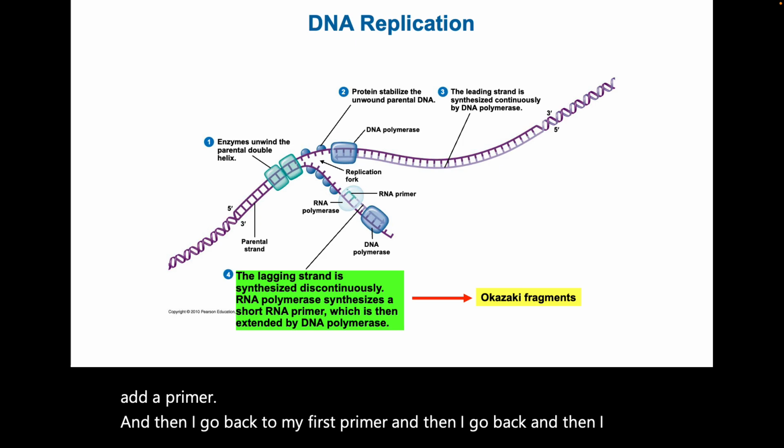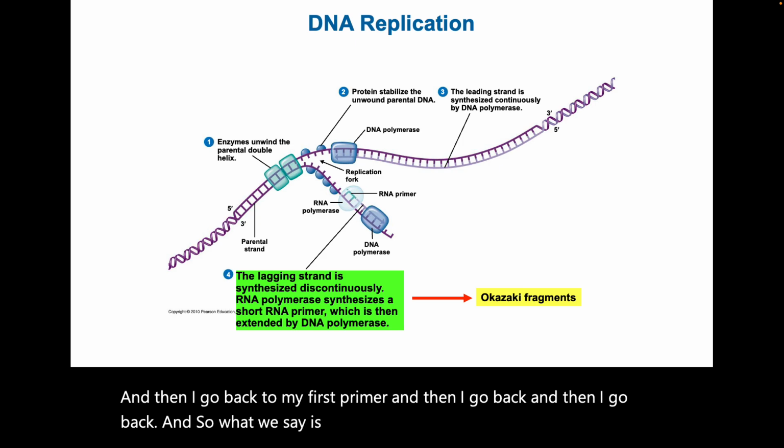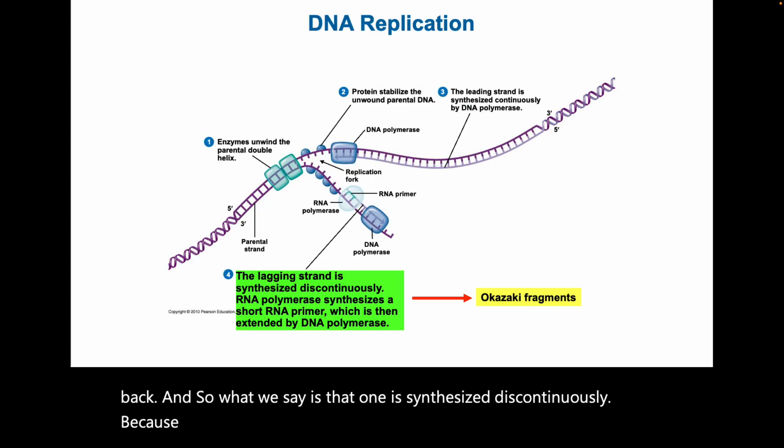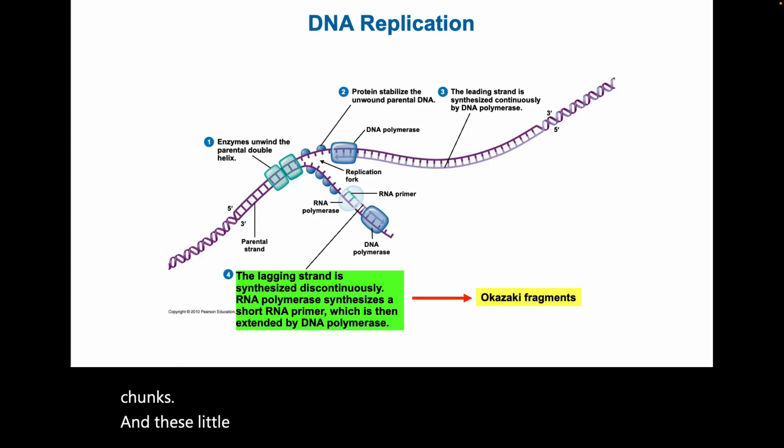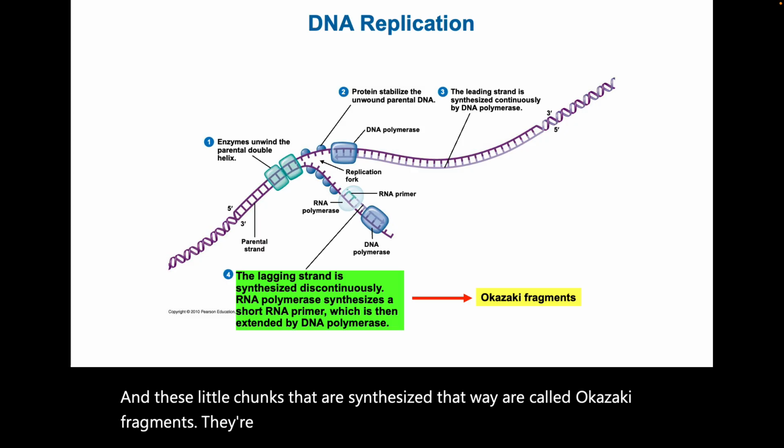And so what we say is that that one is synthesized discontinuously. Because it's not synthesized in all one piece. It's synthesized in these little chunks. And these little chunks that are synthesized that way are called Okazaki fragments. They're named after a scientist whose name was Okazaki.